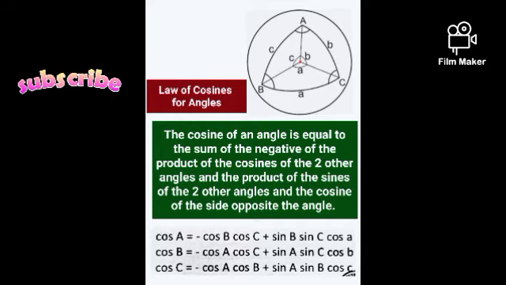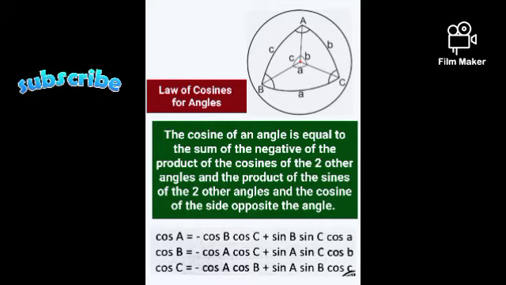Again, by the law of cosines for angles, the cosine of angle C is equal to the sum of the negative of the product of the cosines of the two other angles, angles capital letters A and B, and the product of the sines of the two other angles, angles capital letters A and B, and the cosine of the side opposite angle capital letter C, which is side small c.